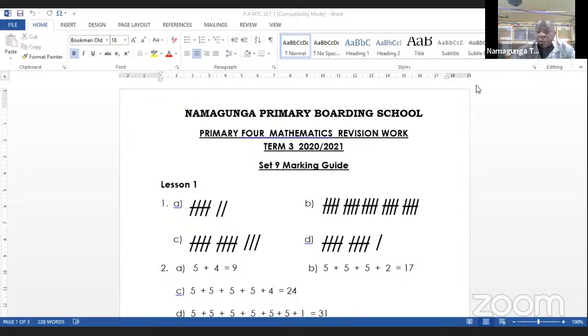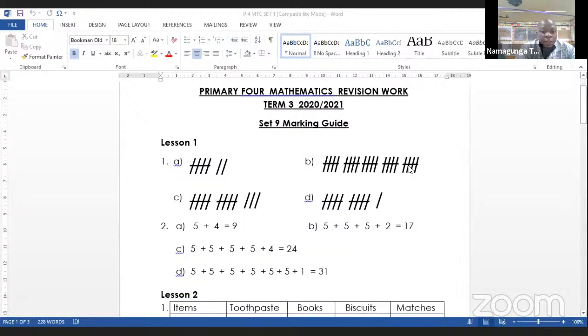Or one can simply count and give the answer as 9. Part B, as I said, the correction, when you get the guide, you'll see the corrections made. It is 17.